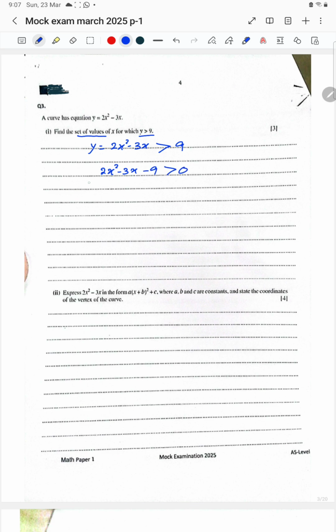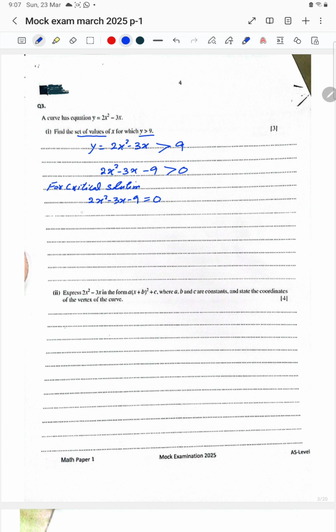Okay, now we can solve this as a critical solution, because you have inequalities. We can say for the critical solution 2x squared minus 3x minus 9 equal to 0.